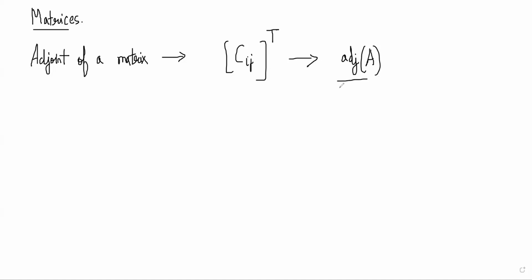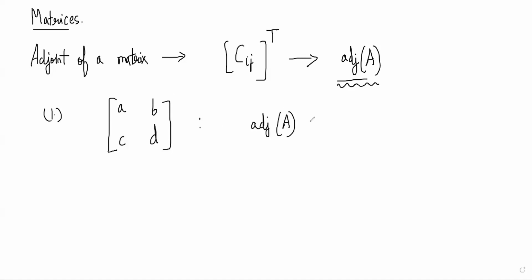It is given by the symbol adjoint of A, and you need to know ways to calculate the adjoint of matrices quickly. So for a 2 cross 2 matrix, you know the trick, right? What is the adjoint of it? You just keep the diagonal elements, put the negative sign for the other two elements, and interchange the principal diagonal.